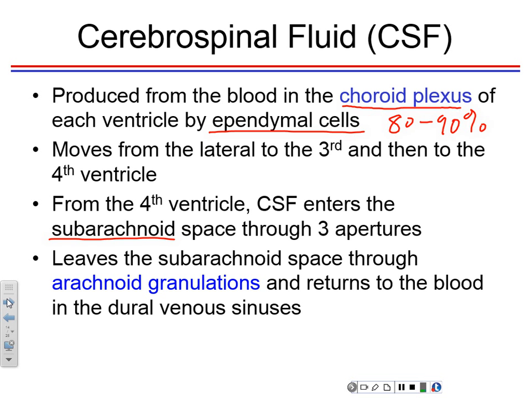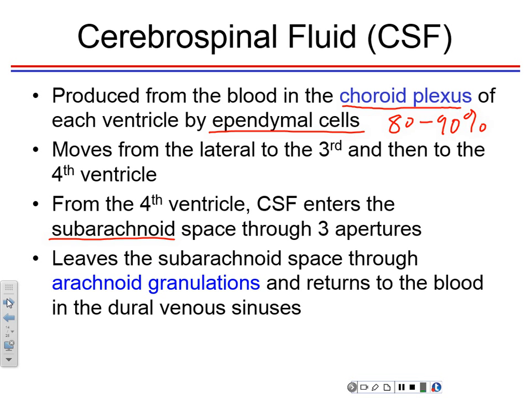These are the ones that deposit cerebrospinal fluid into the dural venous sinuses so that it returns to circulation. Okay, the dural venous sinuses contain deoxygenated blood, right? After it has been used by the brain.